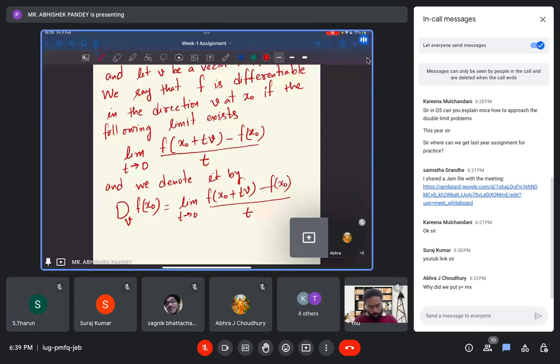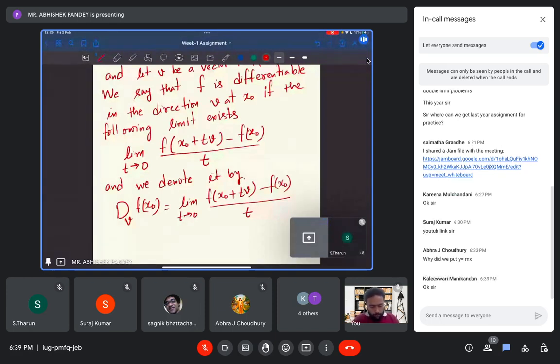So now, if you observe that, if you take this vector v, let us talk about the two variable case, partial derivative with respect to x and partial derivative with respect to y. So if you take this v, small v equals to 1 comma 0, then this is nothing but the partial derivative of f with respect to x at point x naught, isn't it?